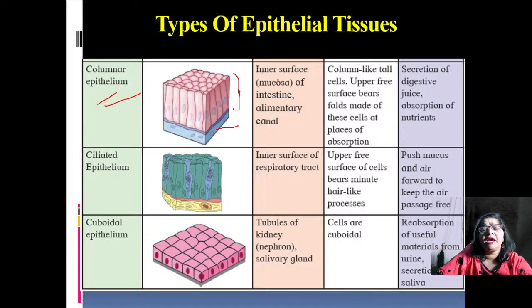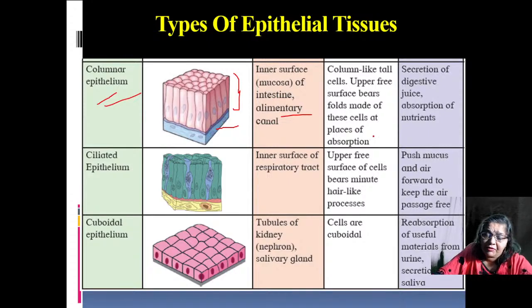They are located in the inner surface of the intestine and the alimentary canal, that is the digestive system. If you see the structure of the cells, they are column-like, pillar-like, tall and elongated cells. The upper surface bears folds made up of these cells at the places of absorption of food.